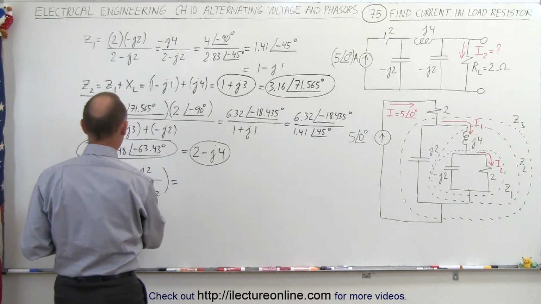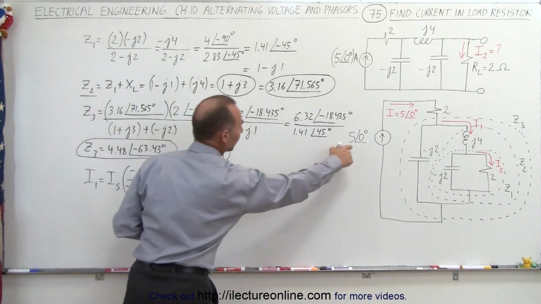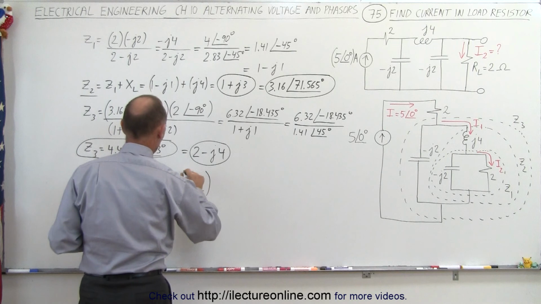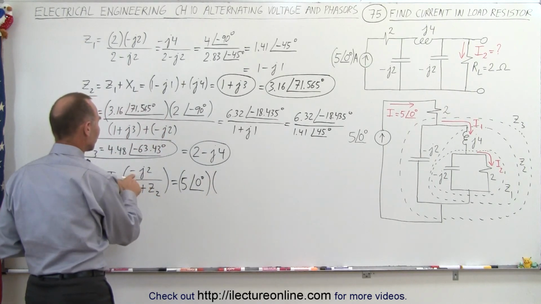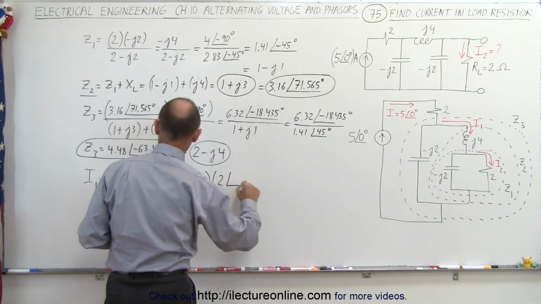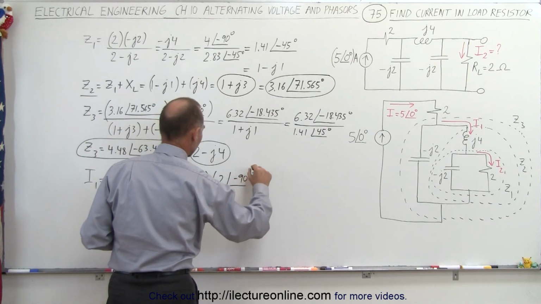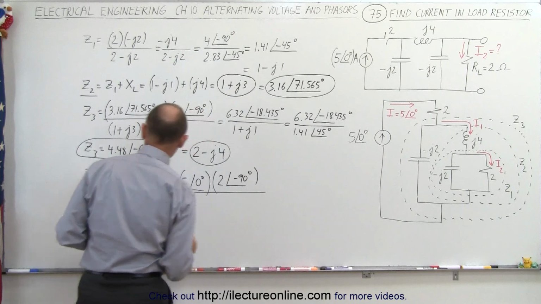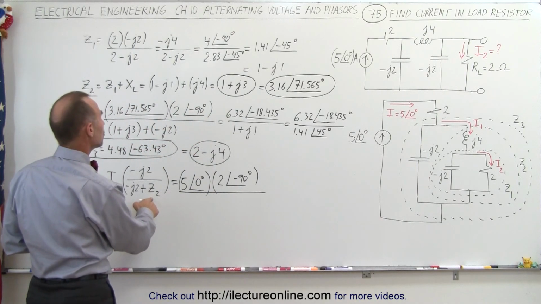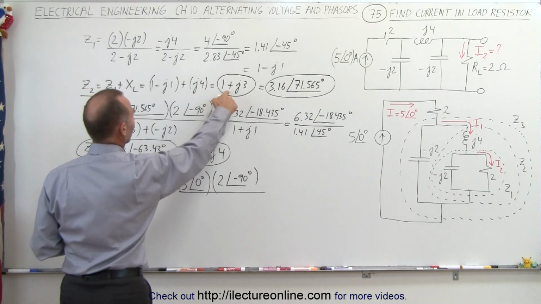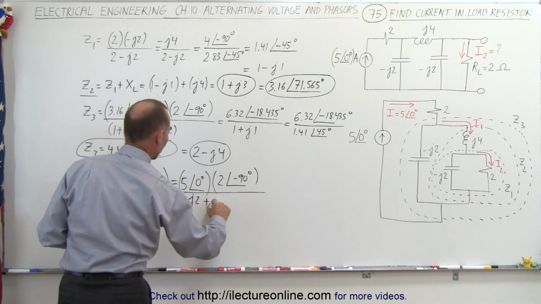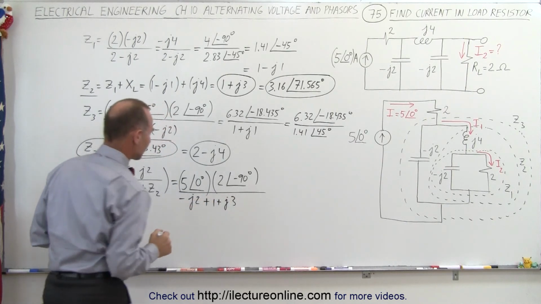So this is equal to IS, the source, which is 5 with a phase angle of 0, multiplied times, let's convert this, 2 with a phase angle of minus 90 degrees. And then in the denominator, since Z2 is equal to this, we end up with minus J2 plus 1 plus J3.